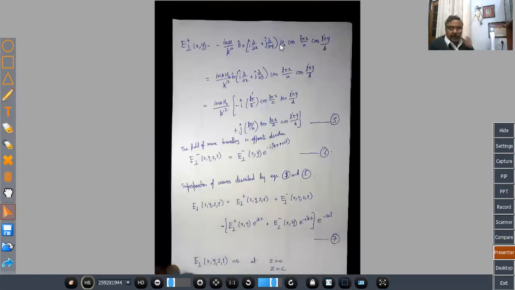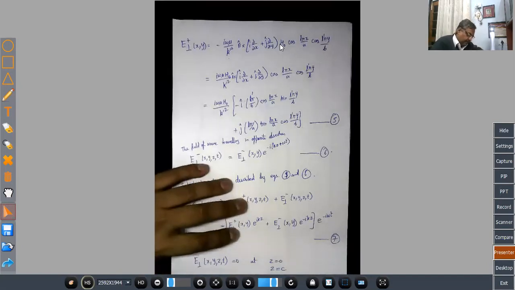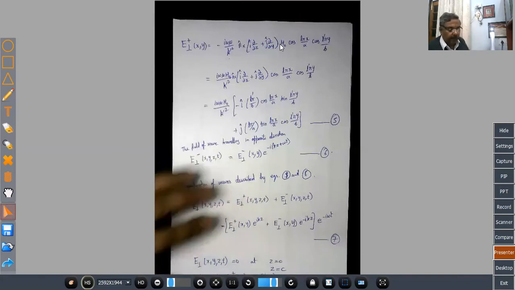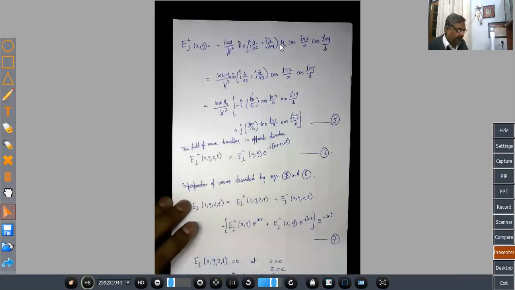The boundaries are z equal to 0 and z equal to c. And at z equal to 0, both the fields will be equal, because this term will be 1. This is the only differentiating term between the two. This will be 1 in both the cases.